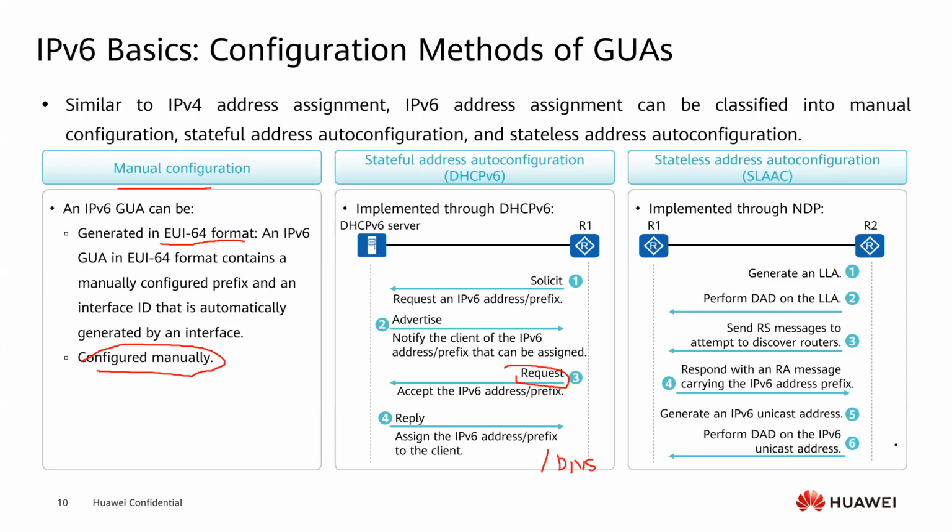Then you can use the created IPv6 unicast address to do the DAD process to detect if there is any conflict. And finally, if there is none, you can use the IPv6 address to do the communication of IPv6.